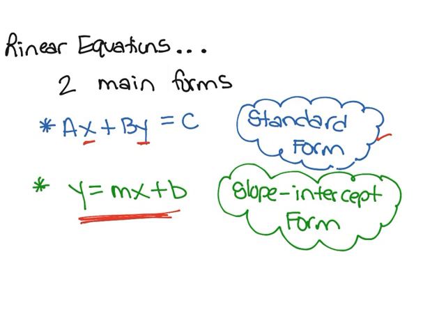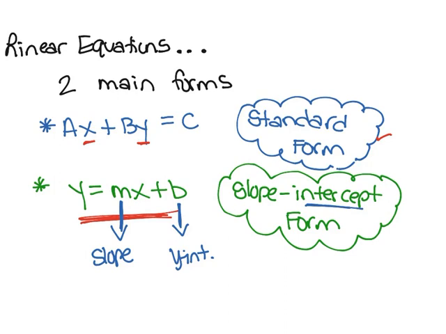And in slope-intercept form, the reason why we kind of like to graph with our equations in slope-intercept form is mainly because all I need to graph is a starting point and I need my movement. So m, we know, represents the slope, and b represents what we call the y-intercept. It's the reason why it's called slope-intercept form.